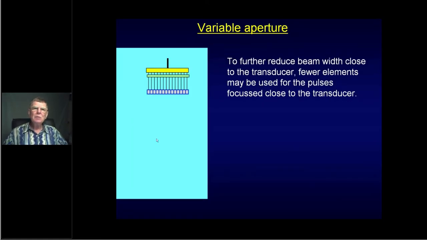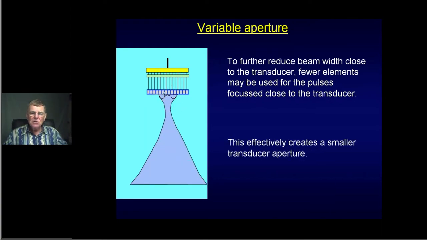Now, to help a little bit further, particularly with the beam profile up close to the transducer, they can reduce the beam width right near the transducer by not using all the elements for the first pulse. Now, this will only work when you're using multiple focal zones.